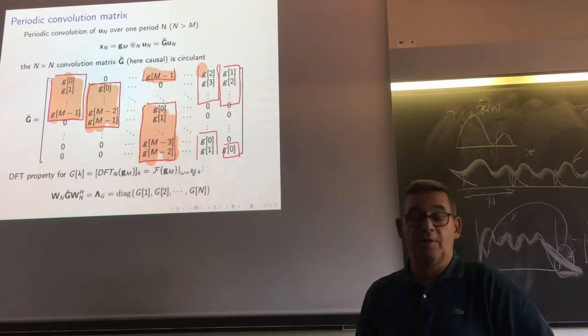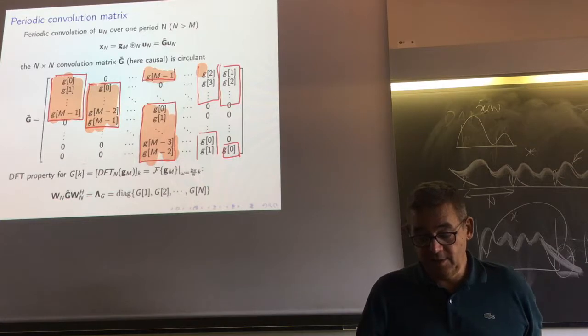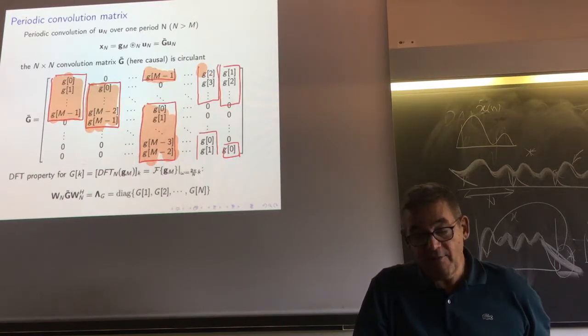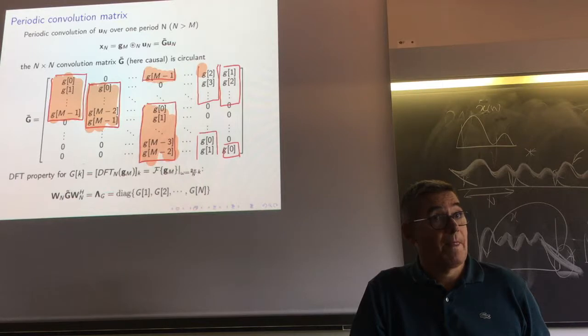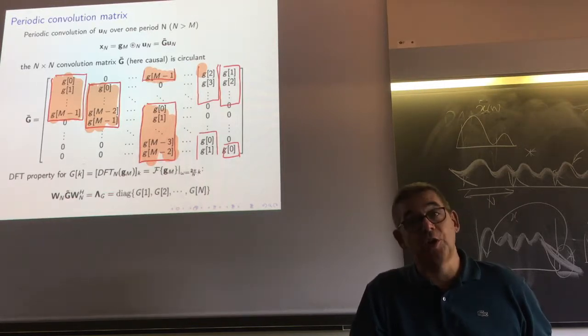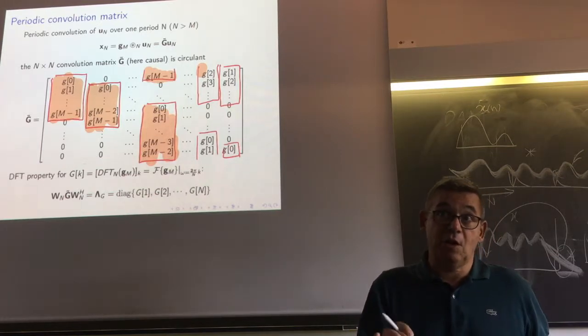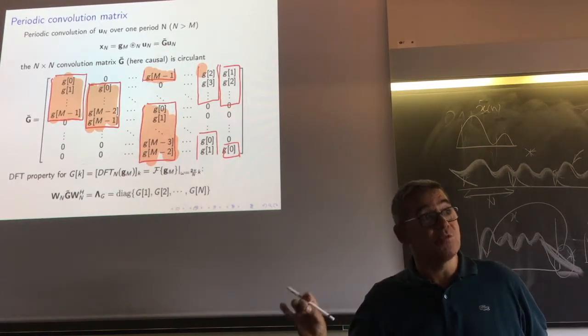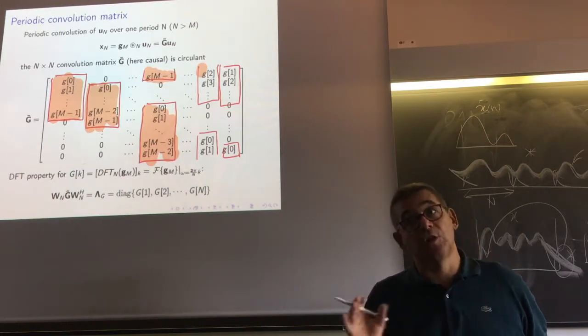The property is the following: the eigenvectors of any circulant matrix are the sinusoids of the discrete Fourier transform. Now, I encourage you to look at it in the book. This property is not useful right now. When it will be useful, we will return to this topic. But I encourage you to give it a look.